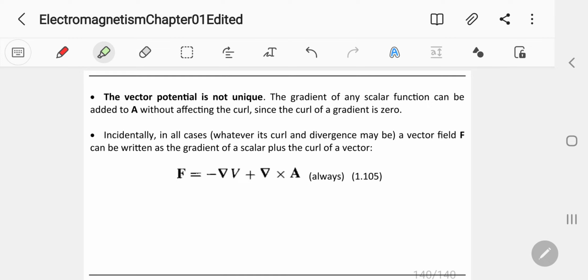The vector potential is again not unique. You can add the gradient of any scalar function, and the curl of F, or the divergence of F, would always be 0.